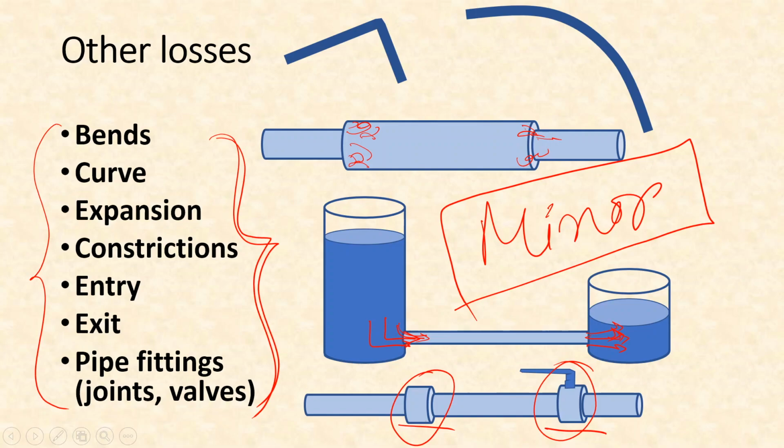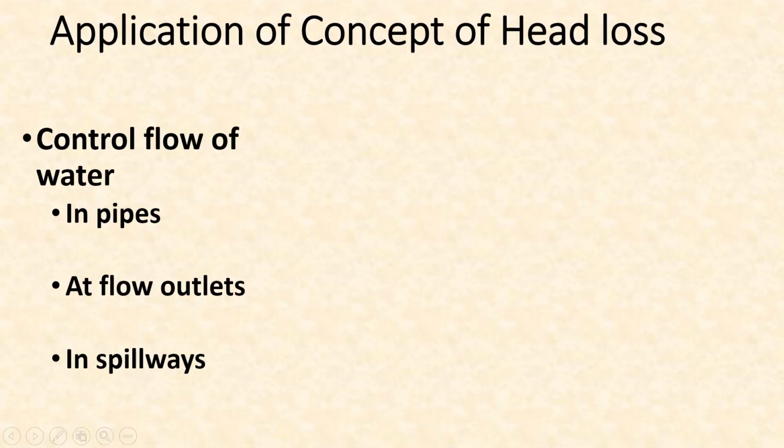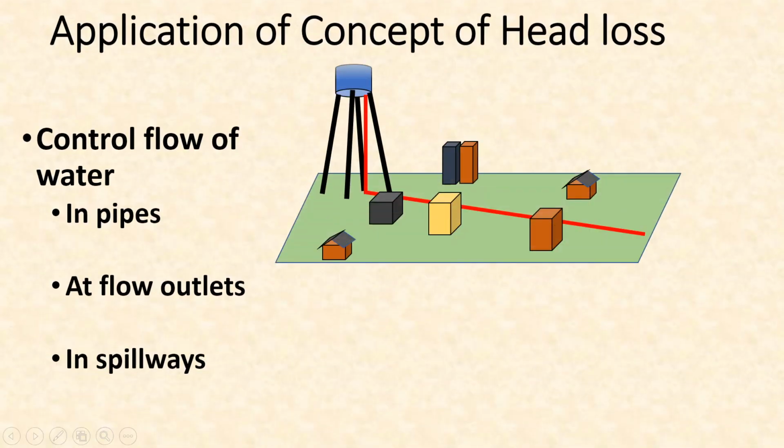So that's about the concept of head loss. It's useful in control of flow of water. For example, if you are supplying water to various households from an overhead tank, then you have to be careful in determining the head loss in the pipes. That is, the pipes have to be of good quality, smooth surfaces, so that the friction is less.